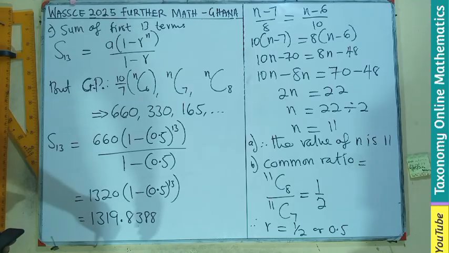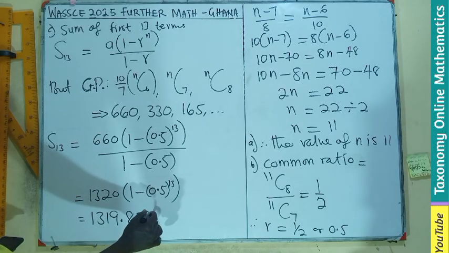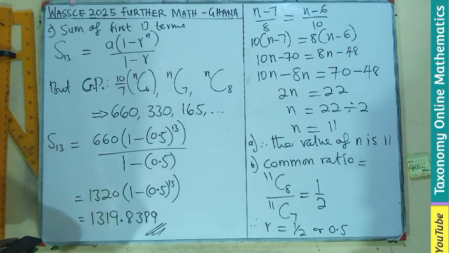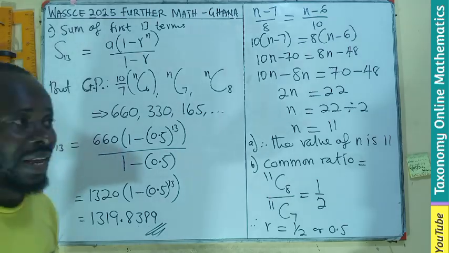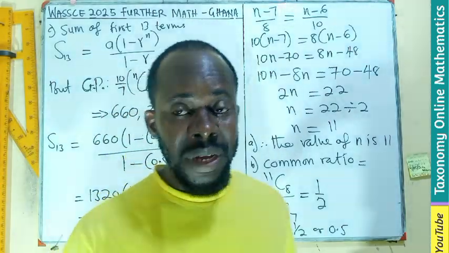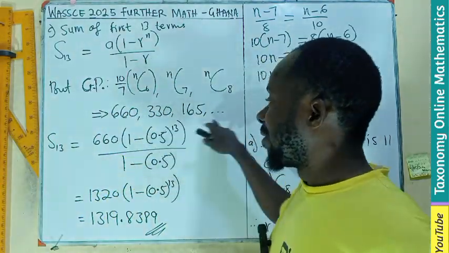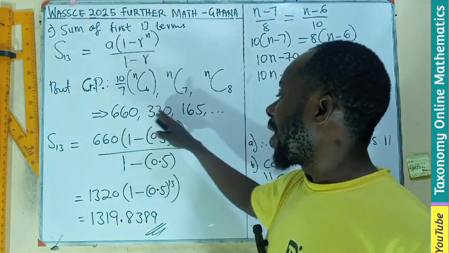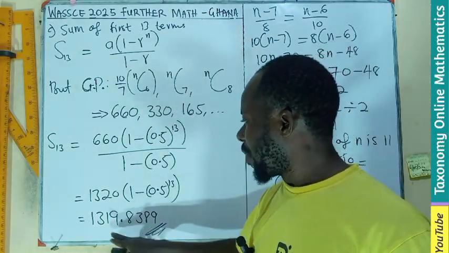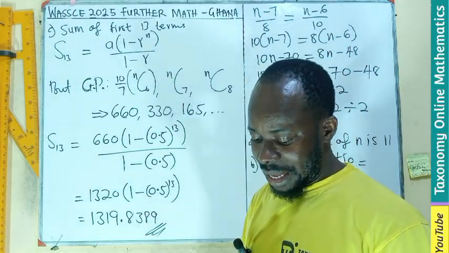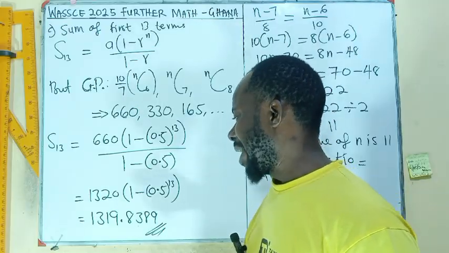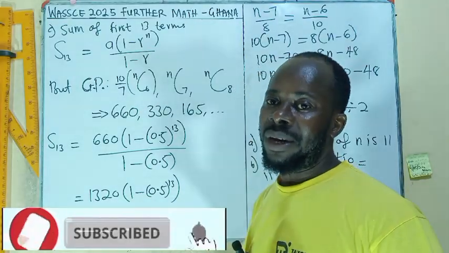I think that will be enough. So let's make it 89. All right. So this becomes the sum of the first 13 terms. If you add all the first 13 terms, you come back to 1,319 these values.